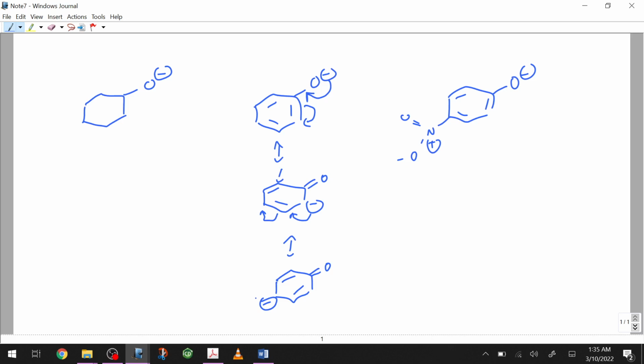If that were the only thing going on, those two values would be identical. But what will help me is that when I get to this last resonance structure here, where I've moved the negative charge to the other side of the ring, well, now look at where it ends up. It actually ends up right next to a cation. So I've got a negative charge on this carbon, and I've got a positive charge on the nitrogen right next to it. Opposite charges attract, even if they can't do anything with them, so that's beneficial.